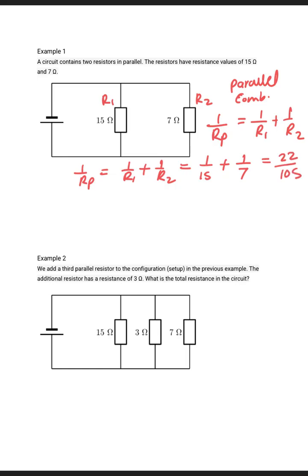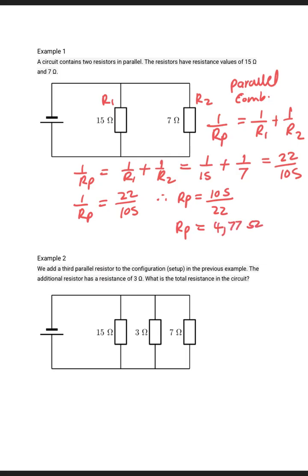So 1 over Rp is 22 over 105, right? When we flip that, we have Rp is equal to 105 over 22. So Rp is equal to 105 divided by 22, which is 4.77.